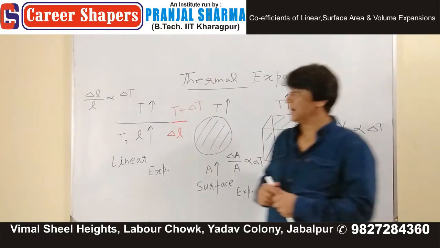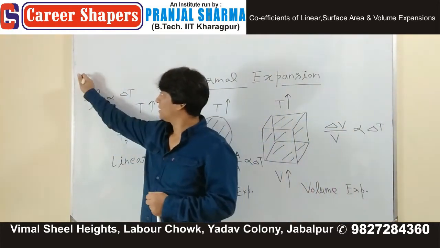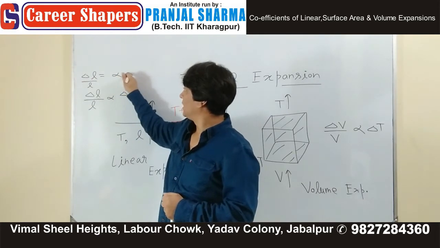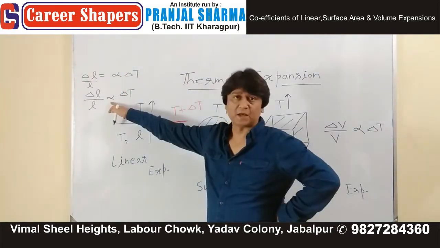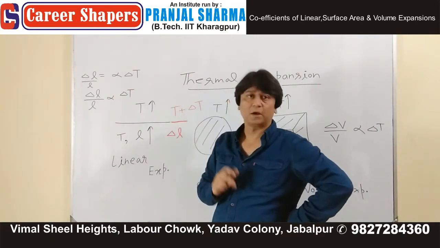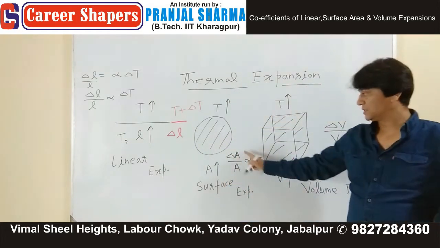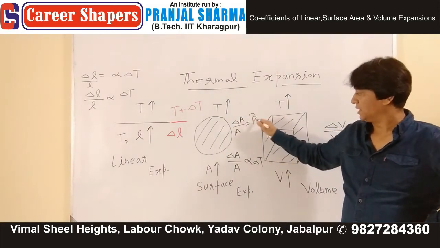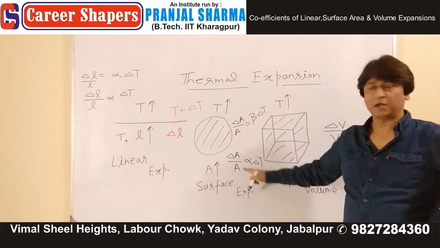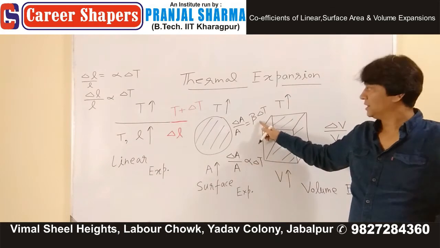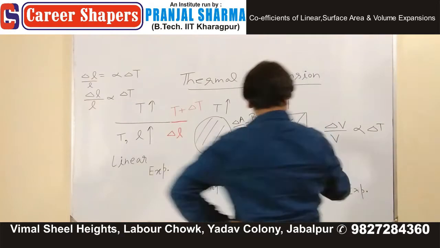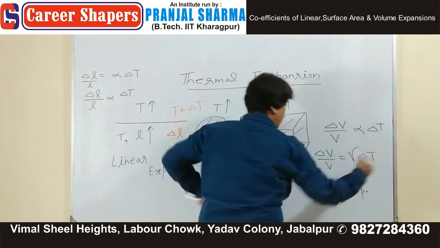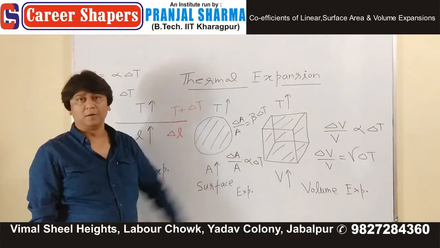When we remove these proportionality signs, delta L upon L is alpha into delta T. Delta A upon A, we write as beta into delta T. And delta V upon V is gamma times delta T. Alpha, beta, gamma.